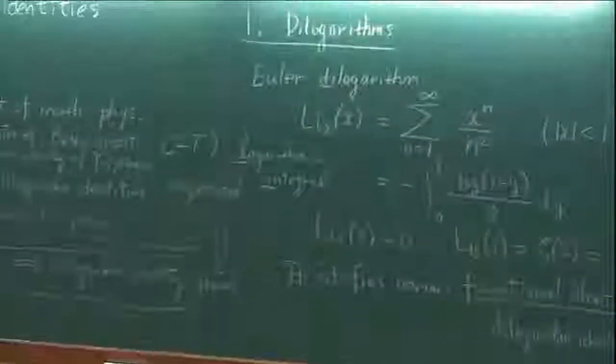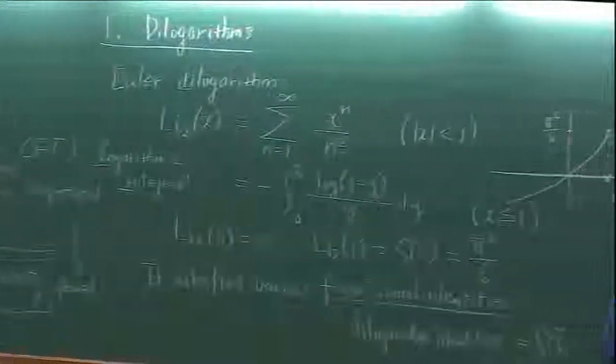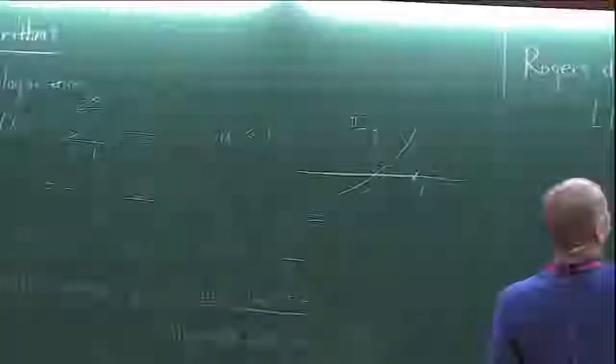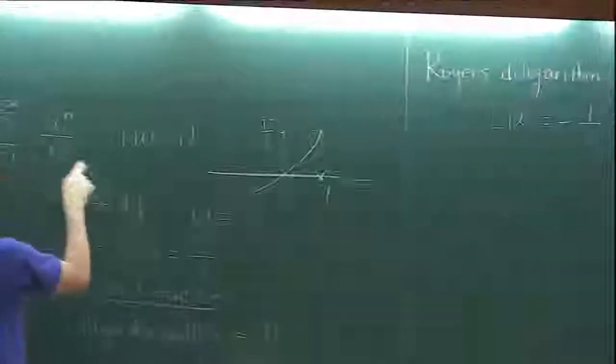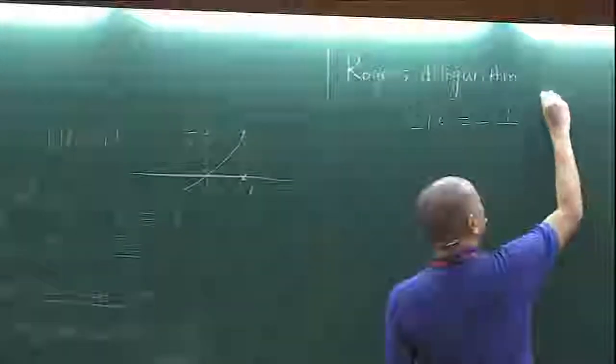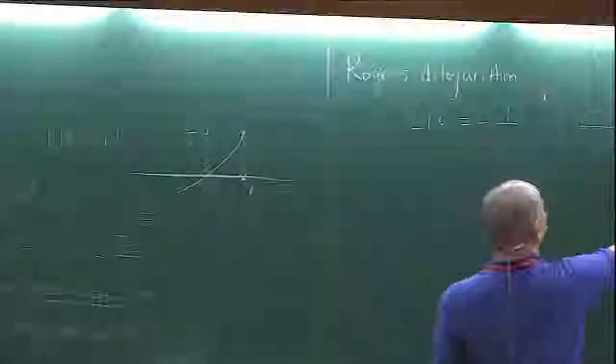Now, the Rogers dilogarithm is generally written as L, sometimes called the Rogers L function, and it is defined by a kind of symmetrization of this integral expression of the dilogarithm.